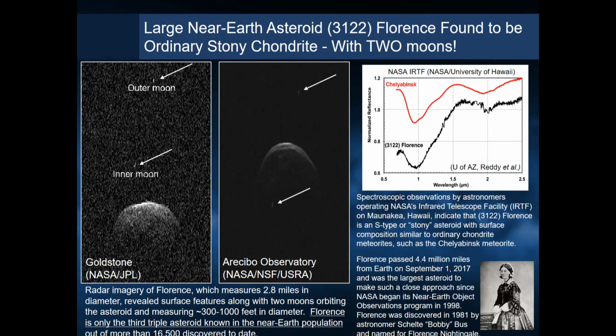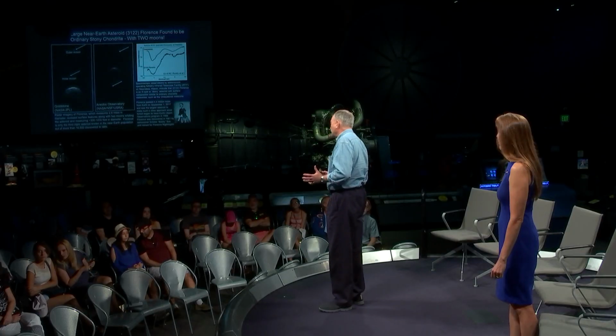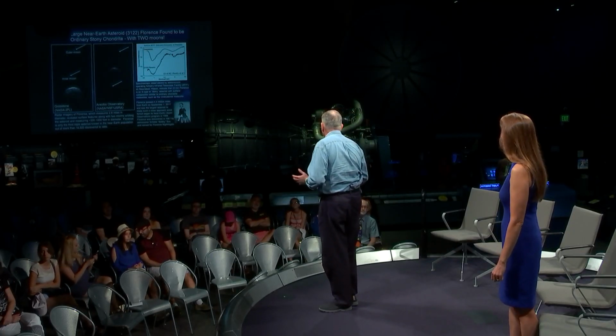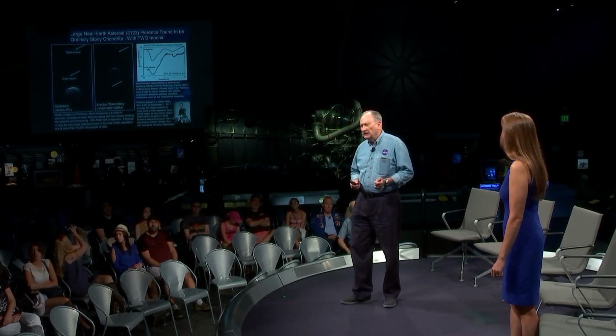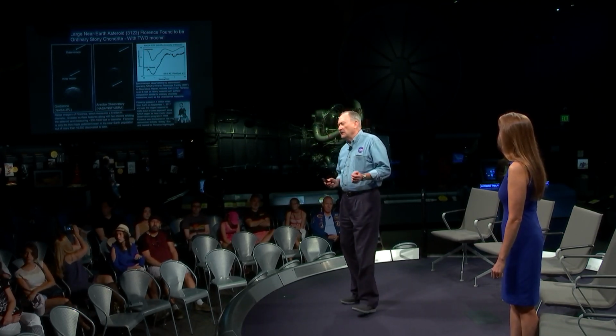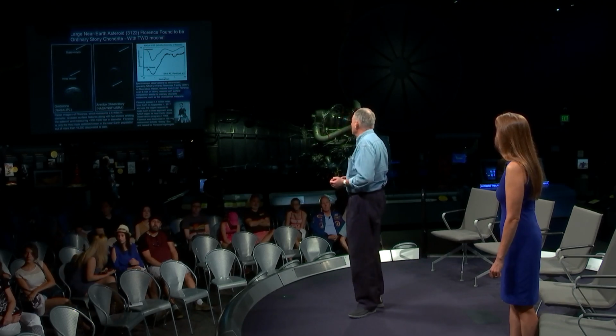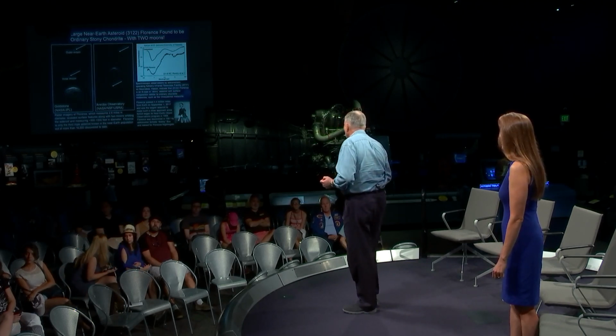Another large object that passed by the Earth close enough for radar last year was Florence. Now, Florence was discovered way back in the 1980s, well before our program started, but this was the first time it had come close enough to the Earth that we could get radar on it. And in those observations, we discovered this asteroid had two small moons orbiting it.